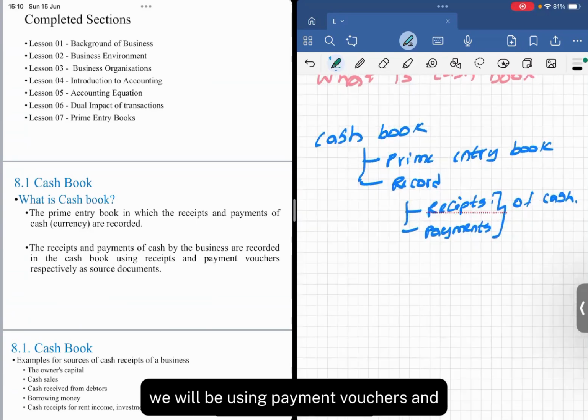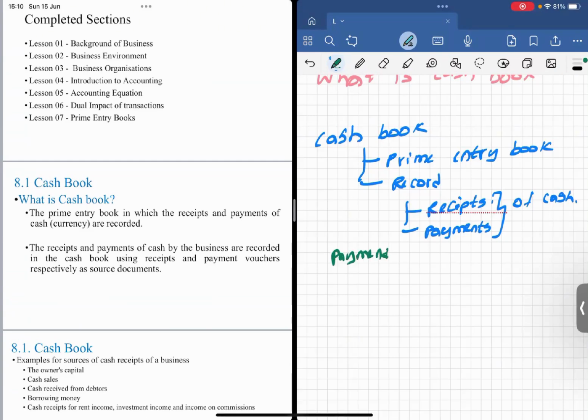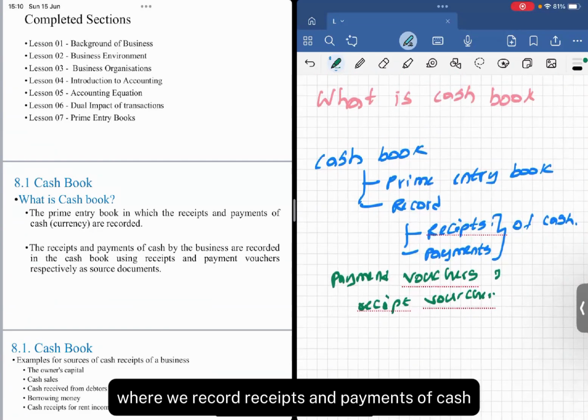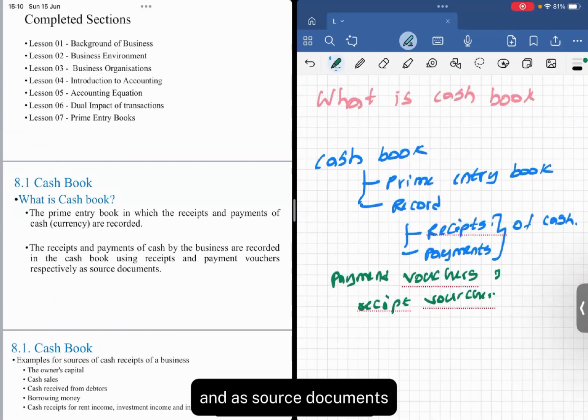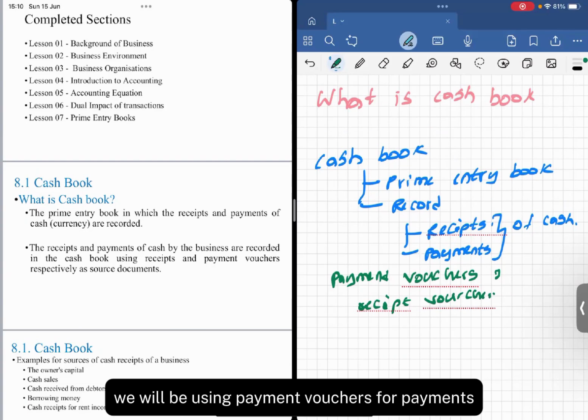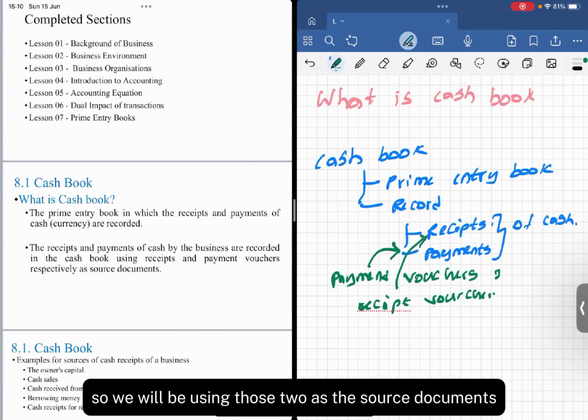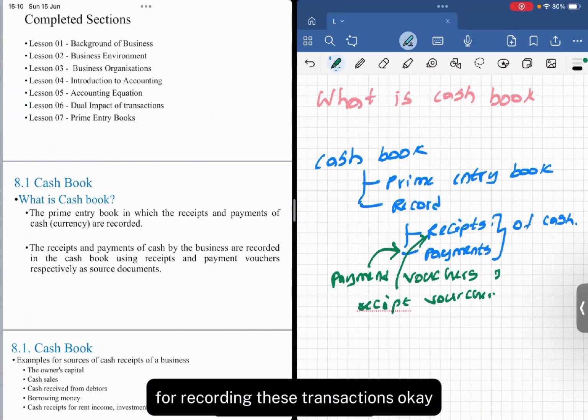We use payment vouchers and receipt vouchers. So cash book is a prime entry book where we record receipts and payments of cash, and as source documents, we use payment vouchers for payments and receipt vouchers for receipts. We use those two as the source documents for recording these transactions.